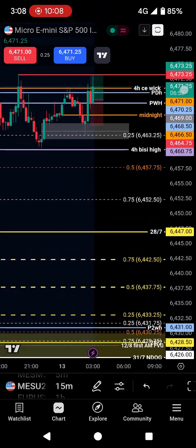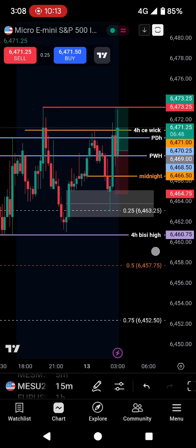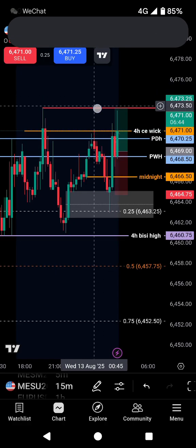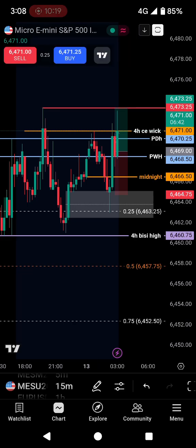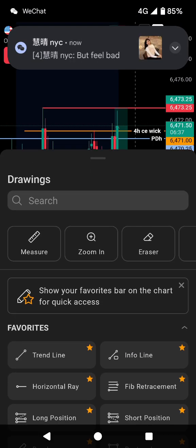Okay, so we've been just going up. So right now, I would favor the buy side to be engineered here, and then this is a BC. So let's draw this BC and see.